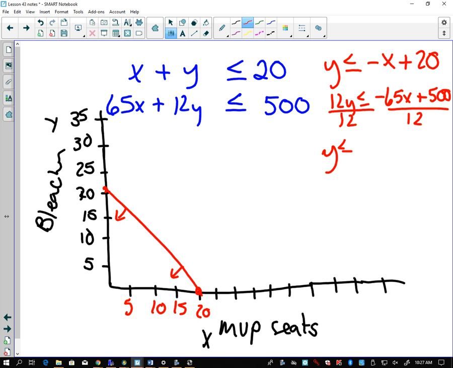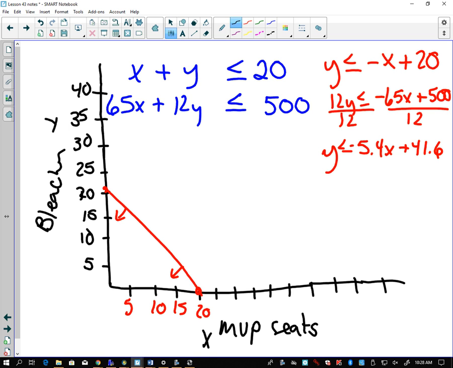Just give me the decimal. Negative 5.4x. And what's 500 divided by 12? 41.6.